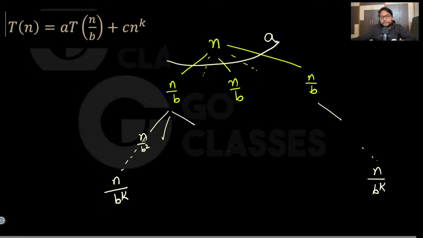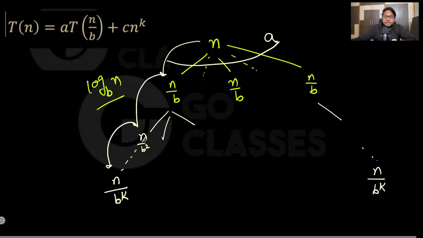So can you solve this? See, how many levels are there? The number of levels is log base b of n, because you are dividing by b. At every level, how much work are you doing? At the top level, you are doing c into n power k.